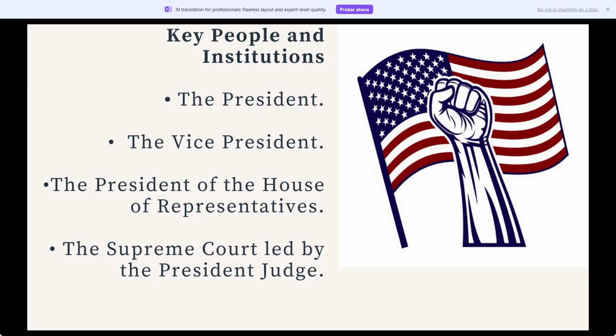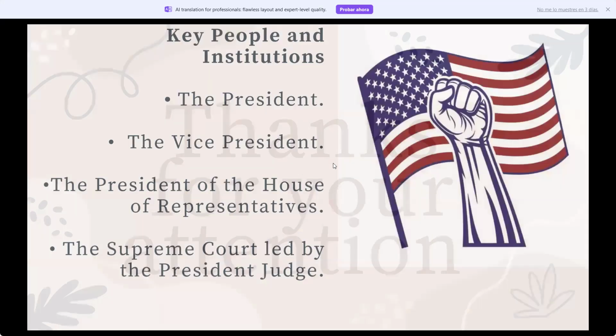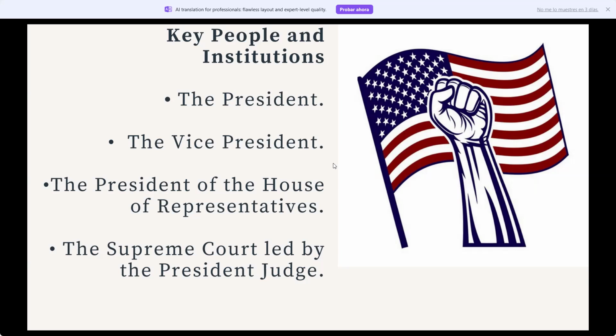The third is the Speaker of the House, an important leader in the House of Representatives. And the last one, the Supreme Court, led by the Chief Justice, which is the highest authority in the judicial branch. This role helps the government function smoothly and maintain balance. Thank you for your attention.